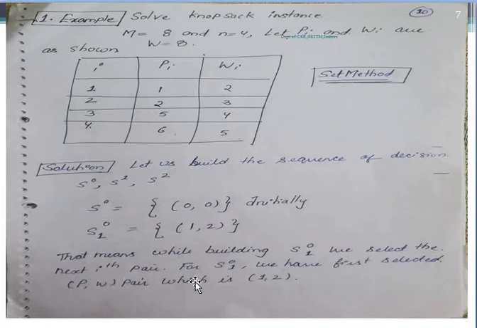We first selected the profit comma weight pair: in the knapsack bag we placed the first object with profit 1 and weight 2. So S01 indicates that one object is there in the knapsack bag, whose profit value is 1 and weight is 2. So the set value, profit comma weight, is 1 comma 2.